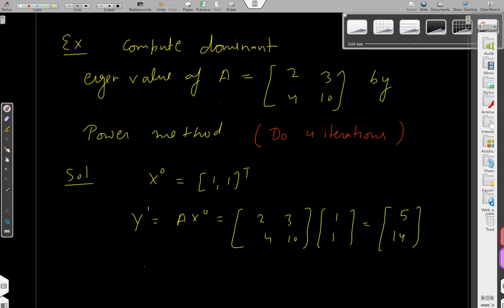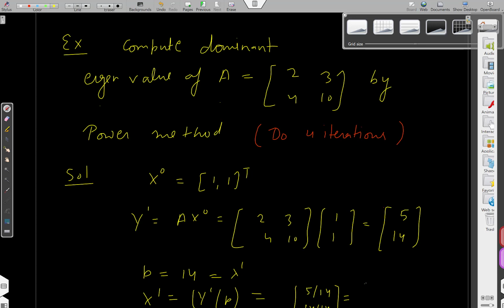Now we will compute the maximum value, let us suppose yp, that is 14, and after that we will divide y1 by p. This p is your first approximation to the eigenvalue. So what you are getting here is 5 upon 14 and 14 upon 14, that is 1.